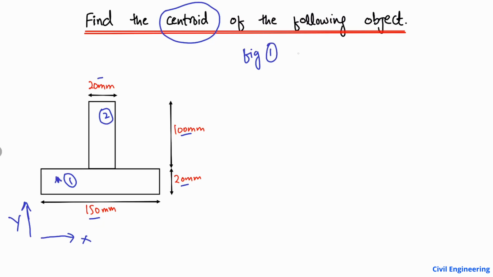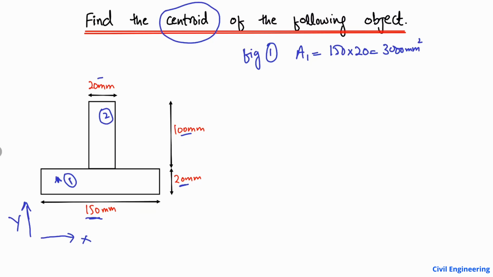First I have to find out the area of this figure, A1, which is this dimension into this dimension. It is a rectangle, so length into height: 150 is the length, multiplied by the height, which is 20 millimeters, so we get 3000 square millimeter as the area of this object.